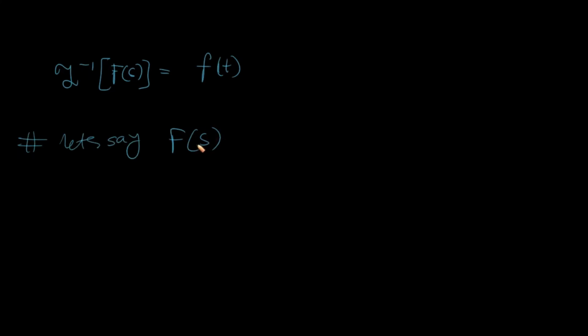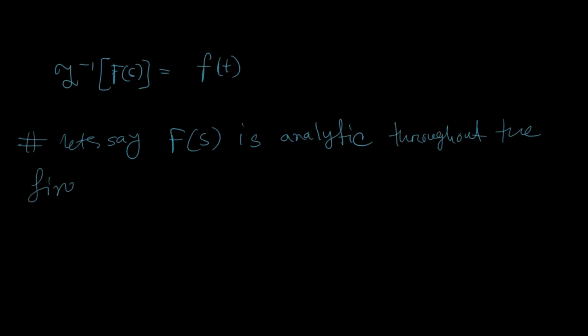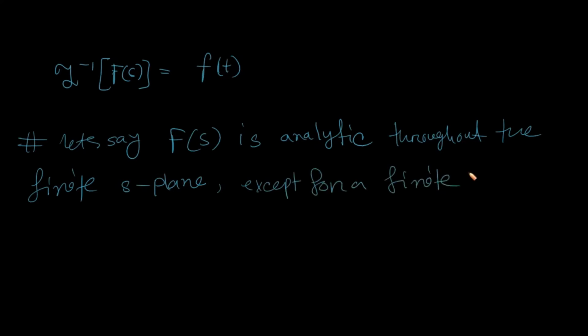Obviously this s is a complex variable in general, so we are saying that F of s is analytic throughout the finite s plane except for a finite number of isolated singularities.